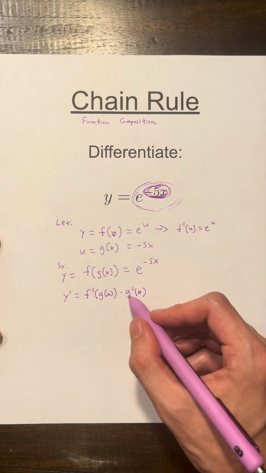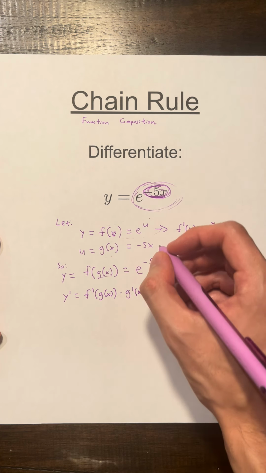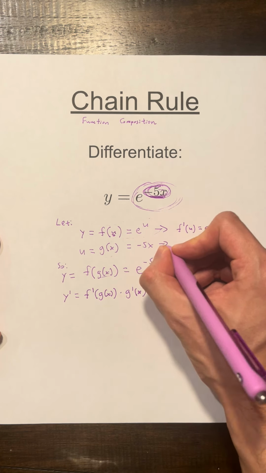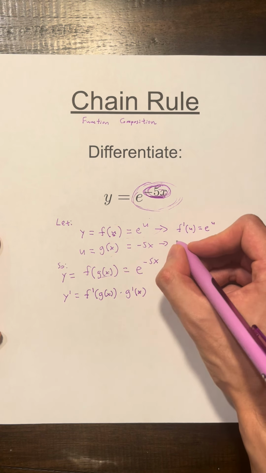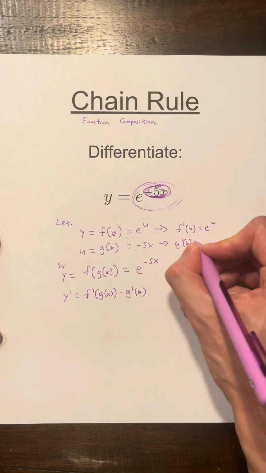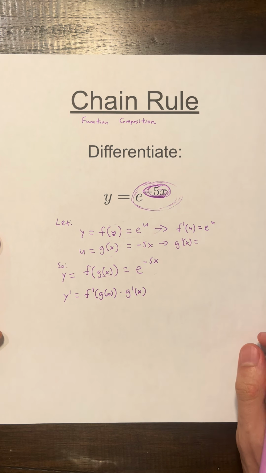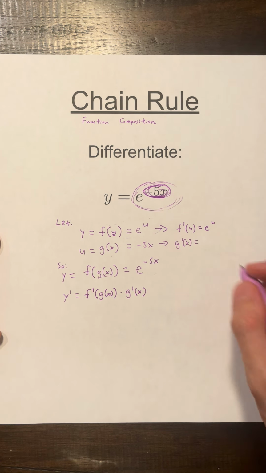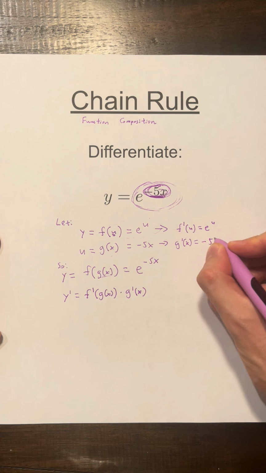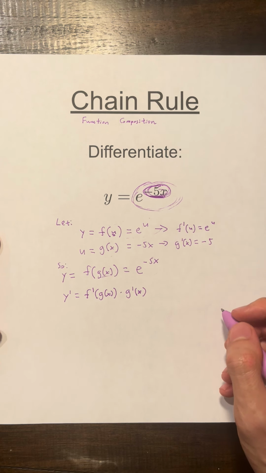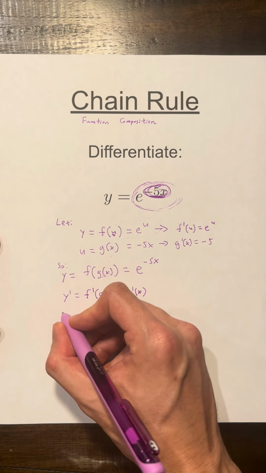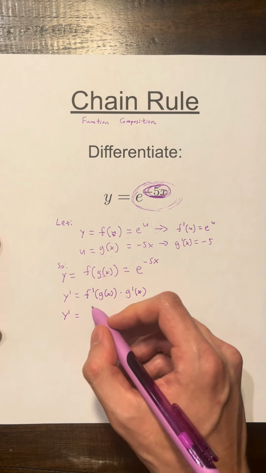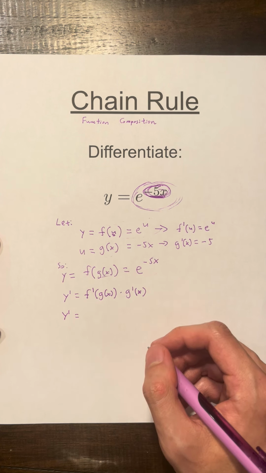We might as well look for g prime as well, because we're going to use that in a second. So g of x is negative 5x. What's g prime of x? Negative 5. All right. Now let's plug it in. Okay. So y prime is equal to f prime.